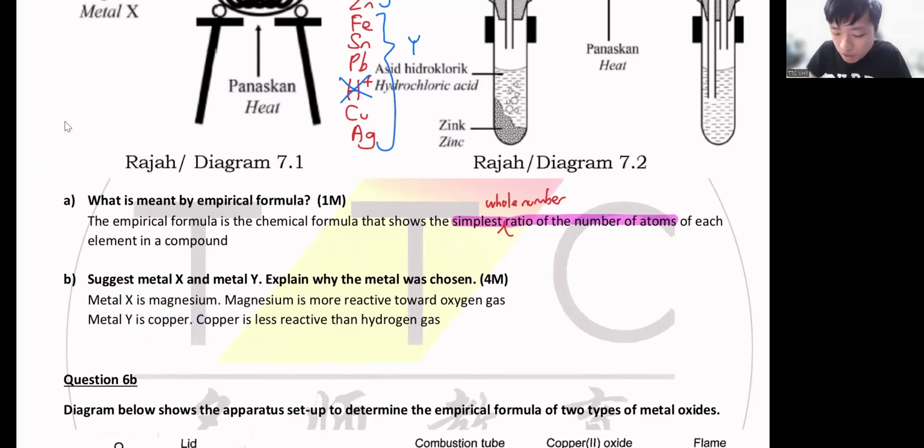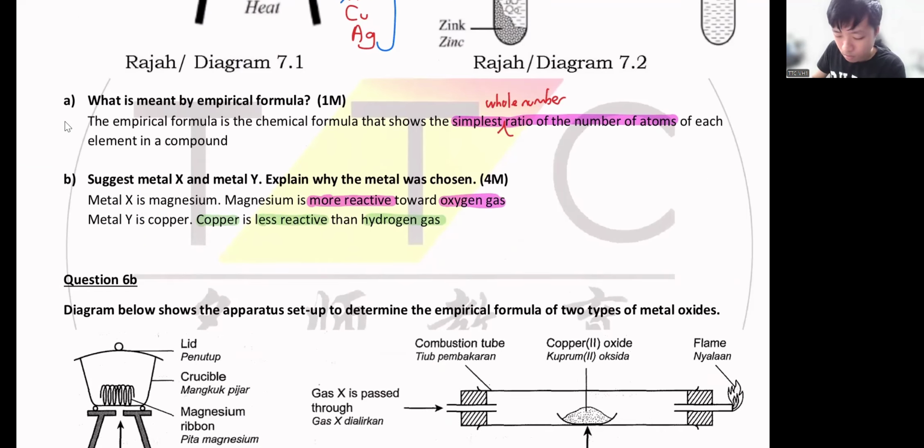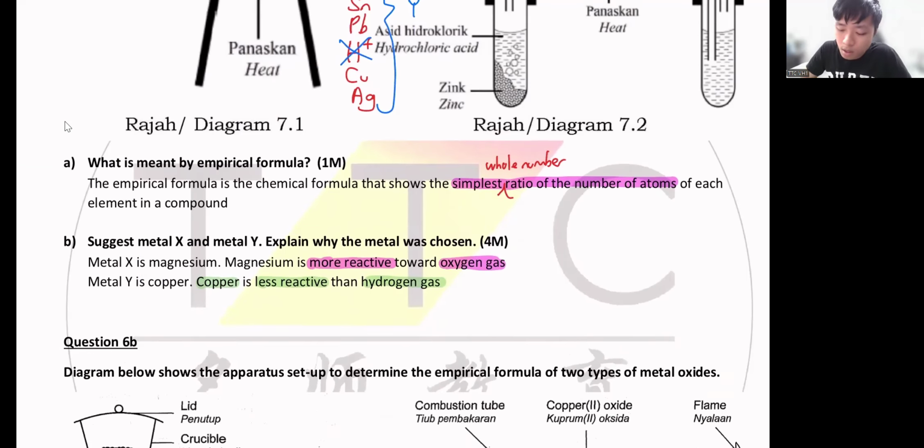Okay, magnesium is more reactive towards oxygen gas. So you put magnesium. Then the other side is copper, because you can say copper is less reactive than hydrogen gas. Here Mg is more reactive towards oxygen, so it reacts with oxygen to form magnesium oxide.